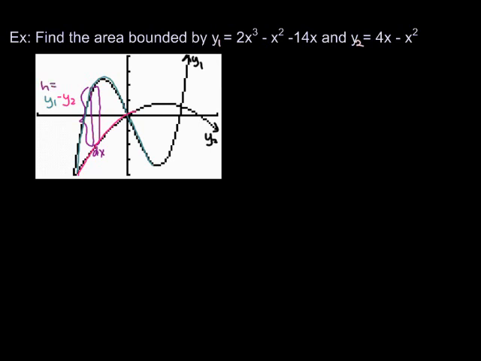Now if I come over to another section of my graph and look at this region, and I draw in my representative rectangle, again the length of my base is going to be dx.